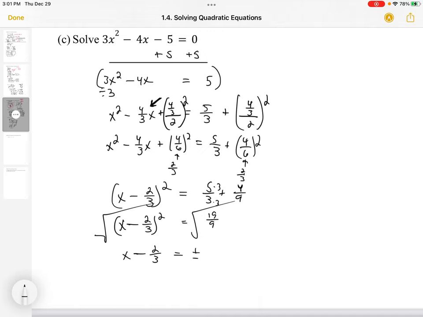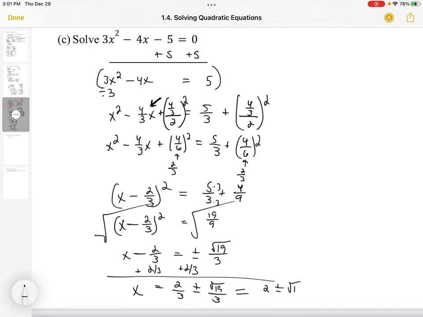Well, 9 is a perfect square, so the denominator is 3. We have square root of 19 in the numerator. And then we're going to add 2/3 to both sides. And we have x is equal to 2/3 plus or minus square root of 19 over 3, which we could either write as our answer, or because we have common denominators, we could write that as 2 plus or minus square root of 19 over 3.